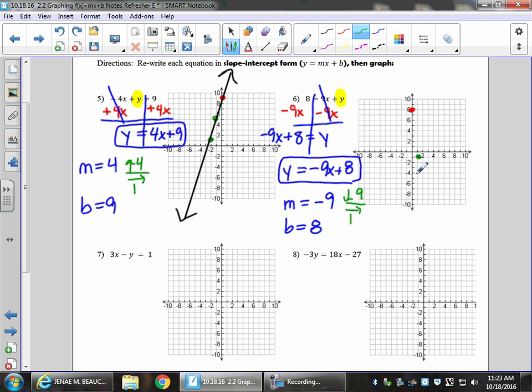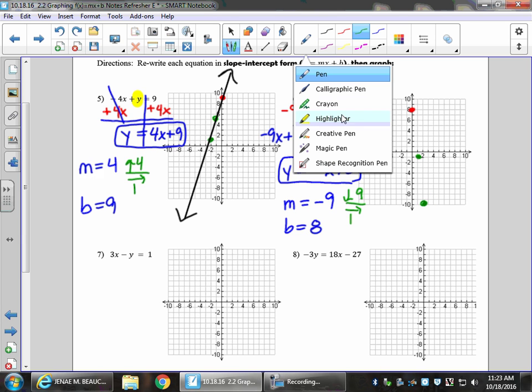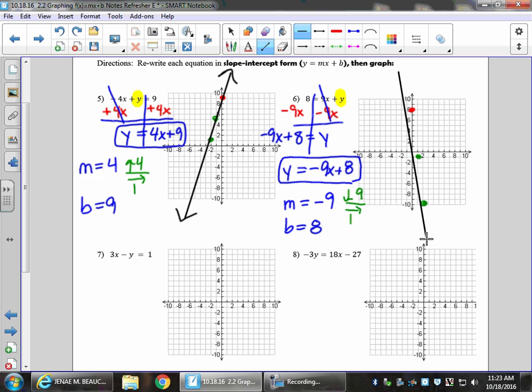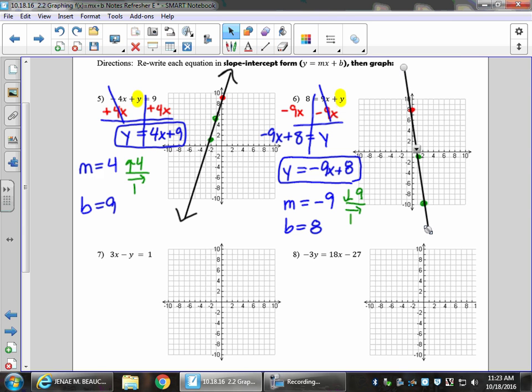Down 1, 2, 3, 4, 5, 6, 7, 8, 9. Right 1. It's a very steep line. Use your straight edge, nice and neat. What mental check can I do? Slope is negative, so I should have what kind of line?